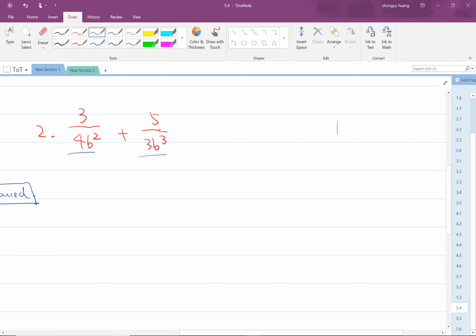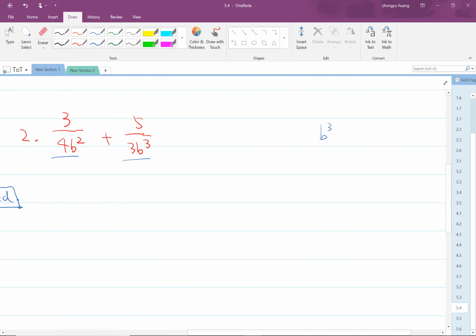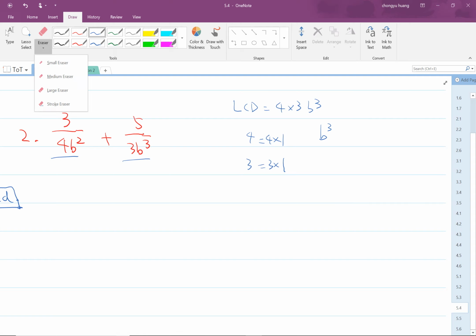Over here, for the variable, we have b to the power 3 as the least common denominator, and then between 4 and 3, 4 is equal to 4 multiplied by 1, and 3 is 3 multiplied by 1, which you can see has nothing in common. So you know that the least common denominator will be 4 multiplied by 3 b to the power 3, right?